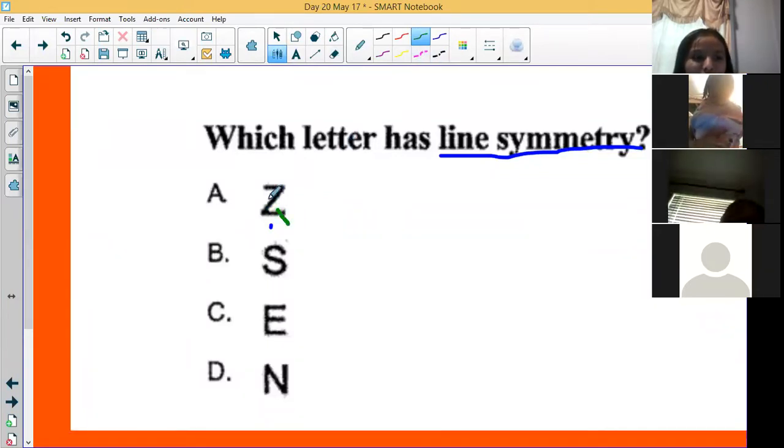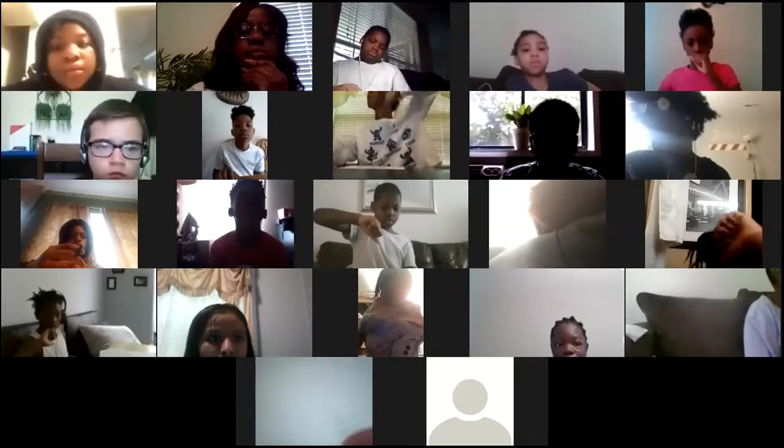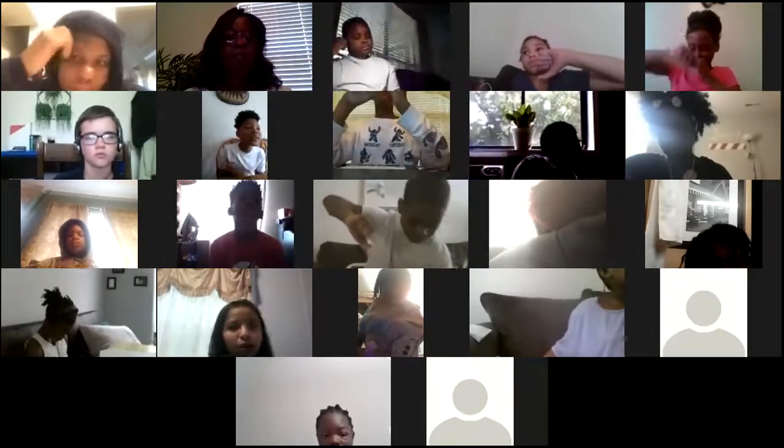Now go this way. All right, thumbs up or down? Good job. All thumbs should be down. You're exactly right. All right, so Z doesn't have any lines of symmetry, right?